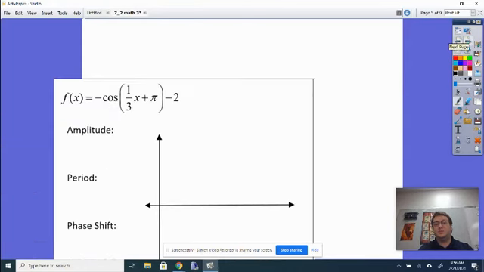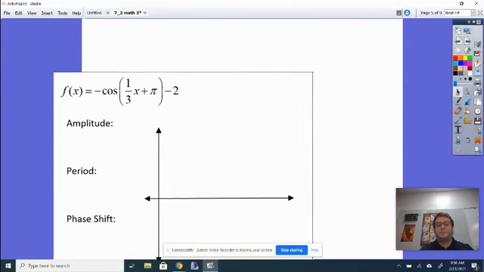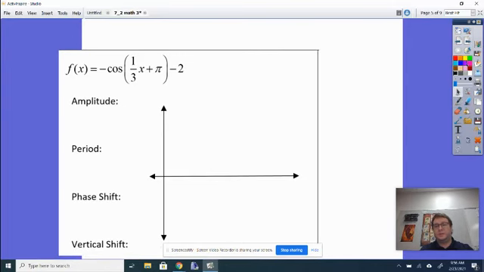Again, we're not going super deep into this. And I want to look at this one. So for this one, it's not set up because I don't have a 1 in front of that x. I have a 1/3. So I'm going to take this middle part here and just rewrite it over here real quick. I'm going to say 1/3 x plus pi. Okay, now I can factor out a third here by taking 1/3 out of each part, right?